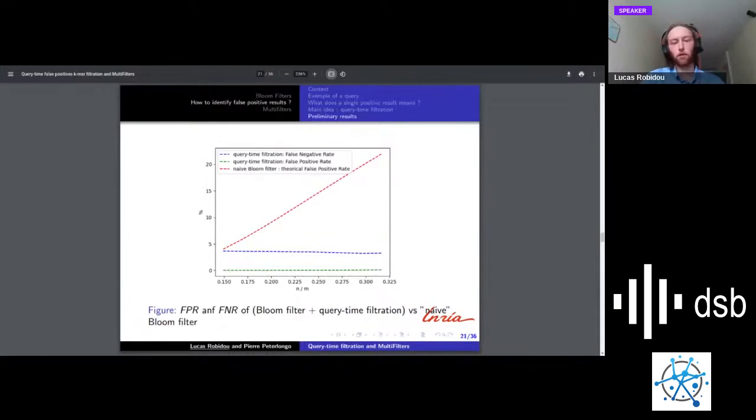And you can see that our solution is pretty robust, meaning that you can increase the load factor of your Bloom filters without increasing your false positive rate. And you see that the false negative rate is also fixed at about 4%.